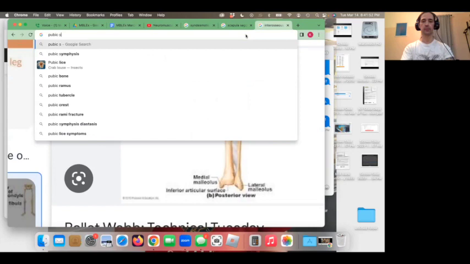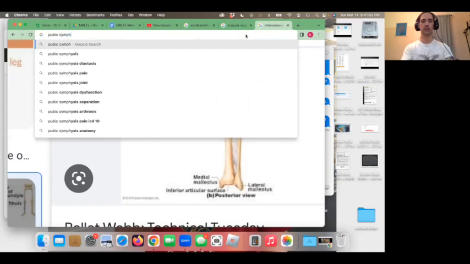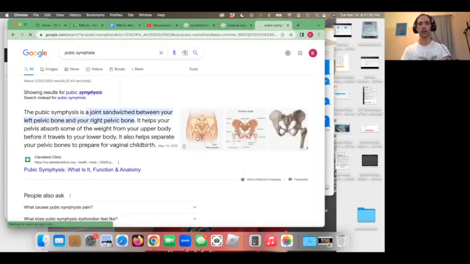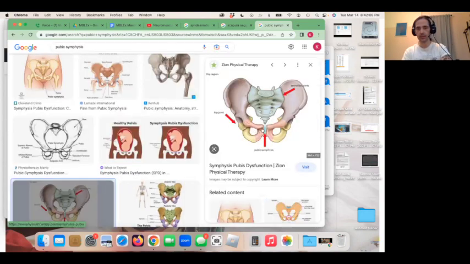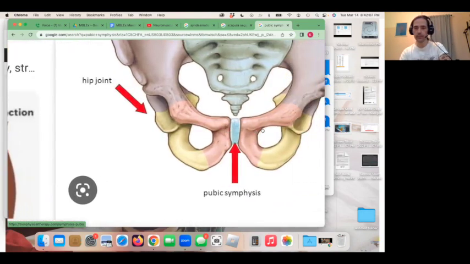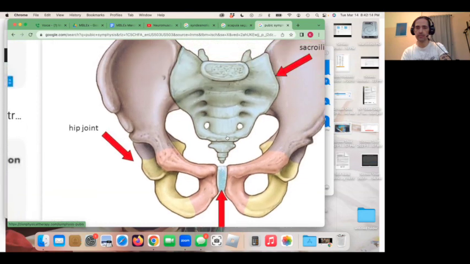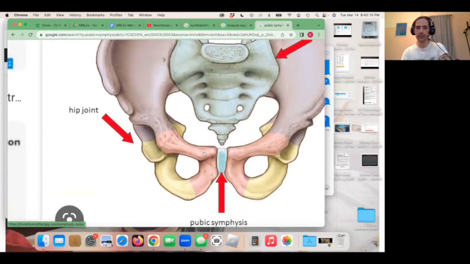Okay. So if you look at the pubic symphysis, what you see right away is that there is a thick piece of cartilage between the bones, right? And this piece of cartilage allows these two halves of the pelvis to actually rotate a little bit in opposite directions.